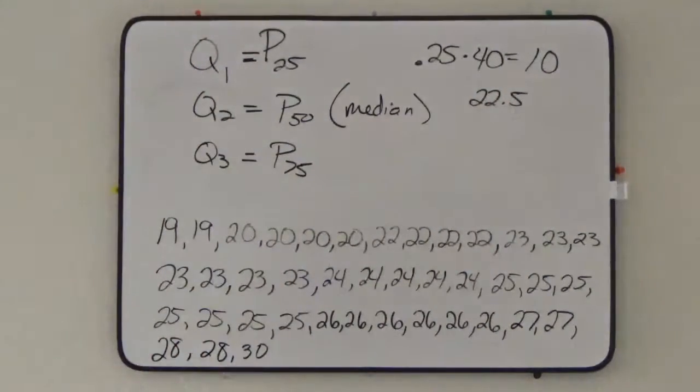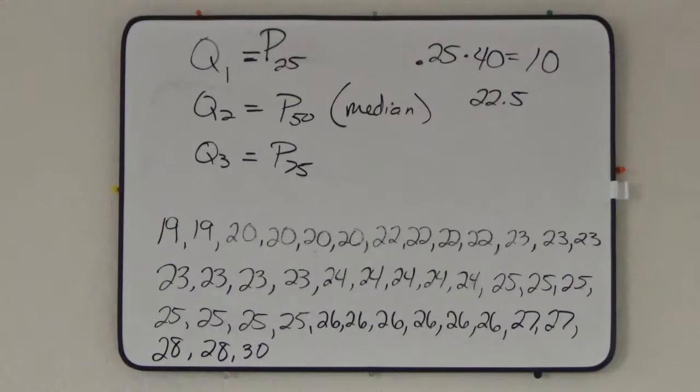So 22.5 is the quartile 1. Okay? Now, let's say we want to go on and we want to find the quartile 2 and quartile 3s. I'm going to do that in just a minute.